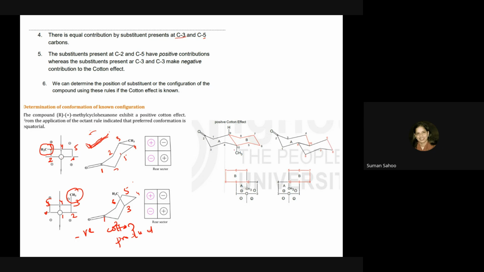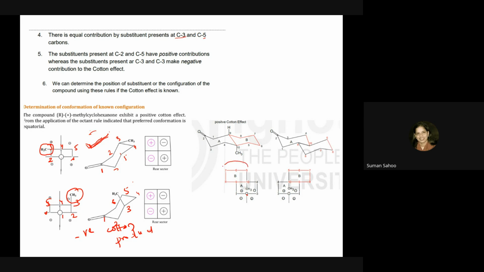Similarly, in this case also, you can assign which one is going to give you a positive Cotton effect and which one is going to give you a negative Cotton effect. For example, in this case, we have to start from this. It has given this one as carbon number 2, so this is your carbon number 2. Carbon number 3 is on the right-hand side, then 4, then 10, then 9, then this is your carbon number 1.